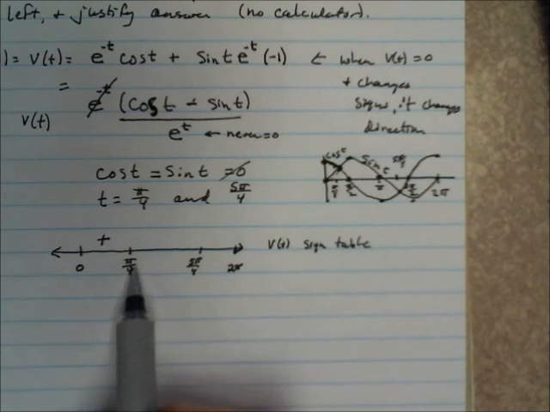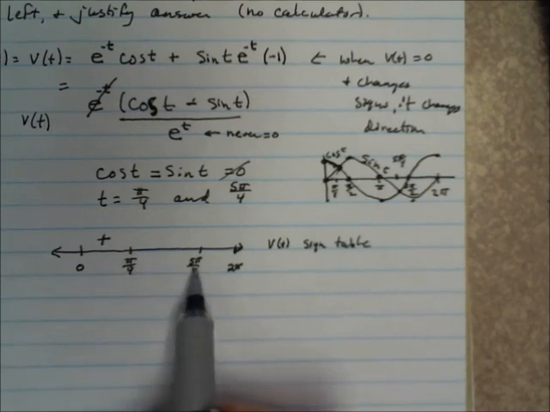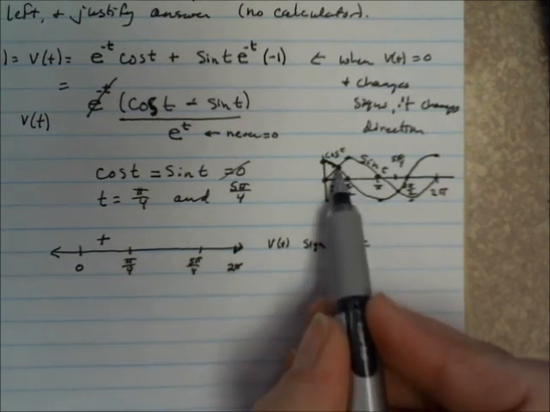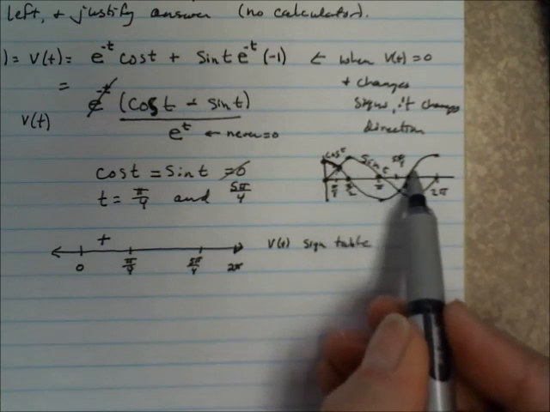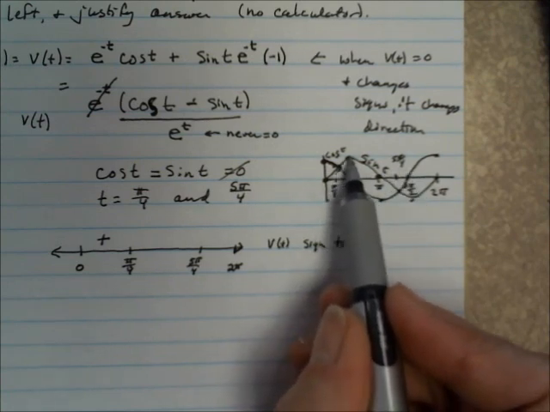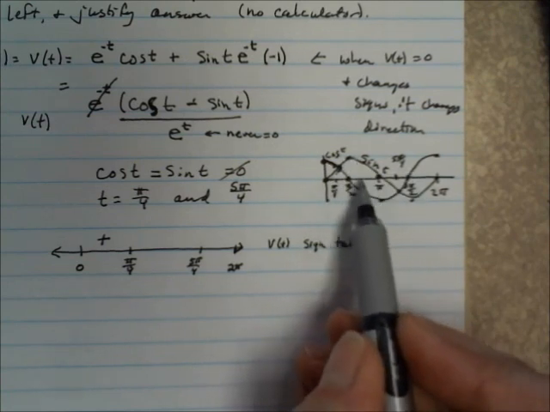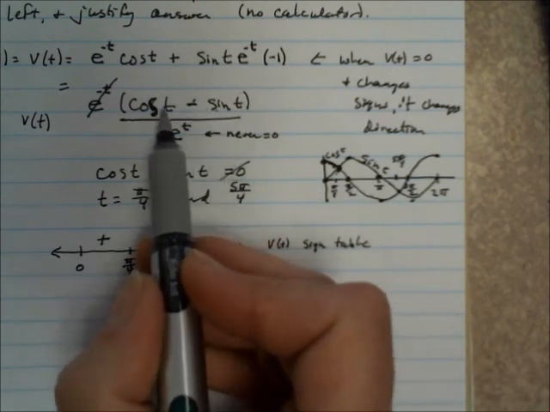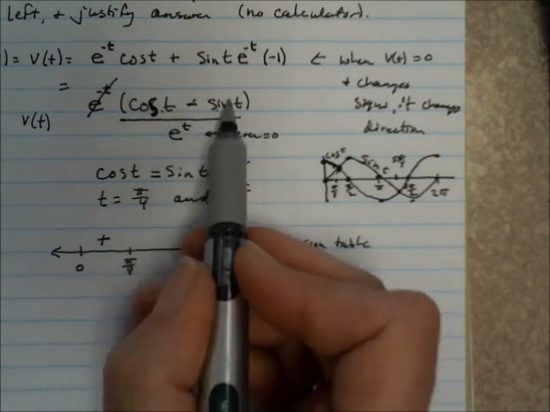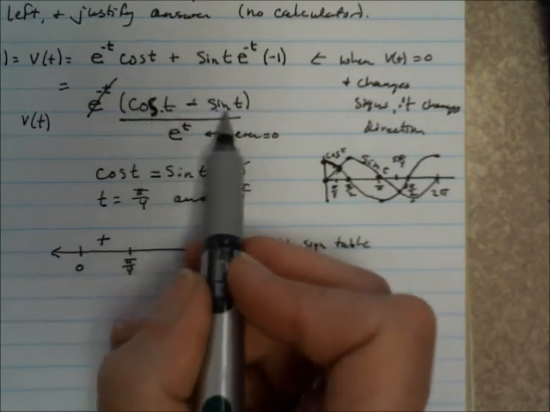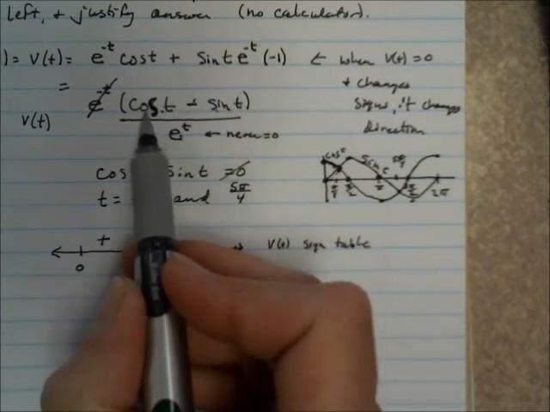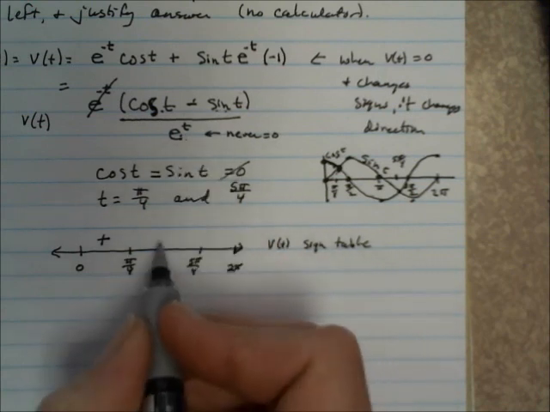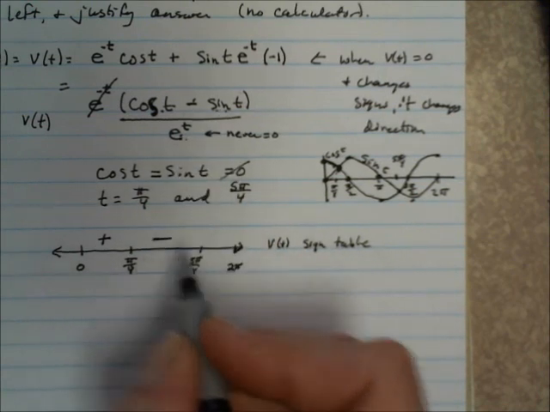Now we're going to look at all the values between pi over 4 and 5 pi over 4. So here's pi over 4 and here's 5 pi over 4. In this area, the sine is above the cosine. So if you subtract a larger value from a smaller value, you're going to get a negative on the numerator. And the denominator is always positive, so we have a negative over a positive, which gives us a negative.